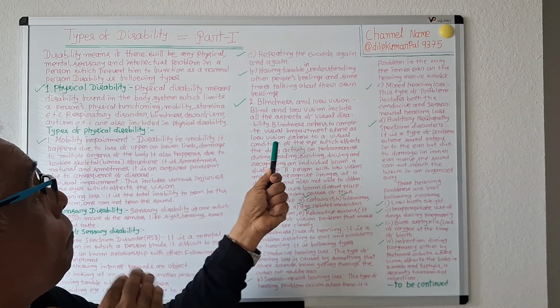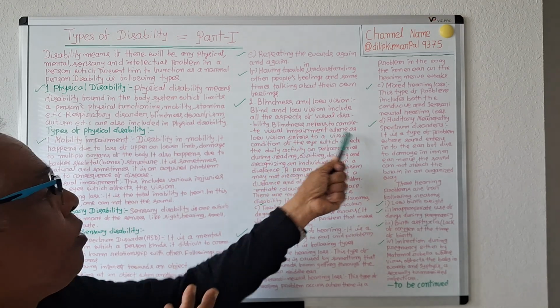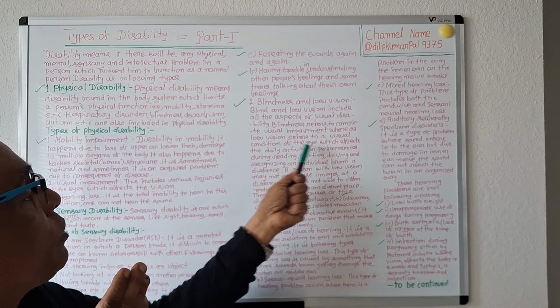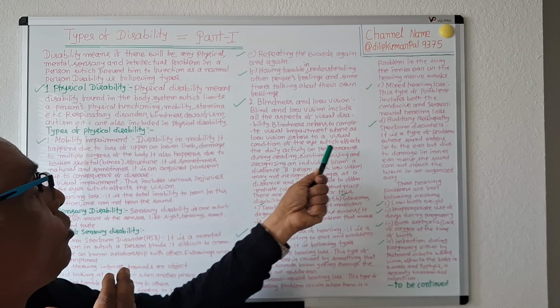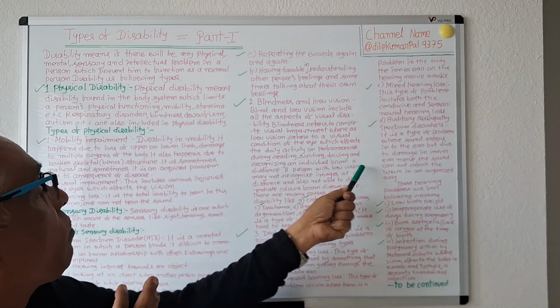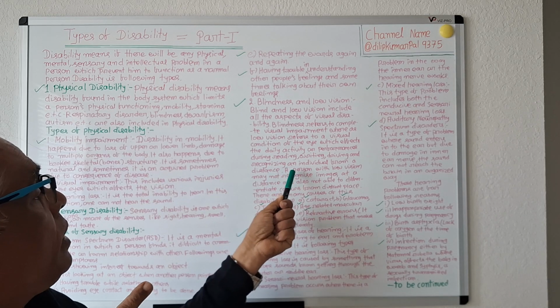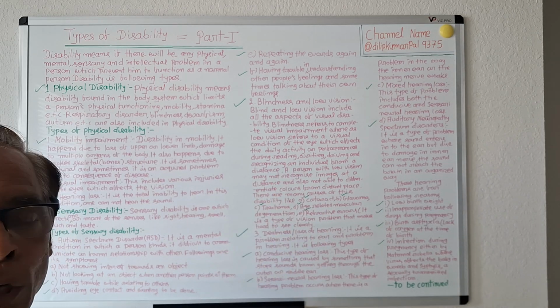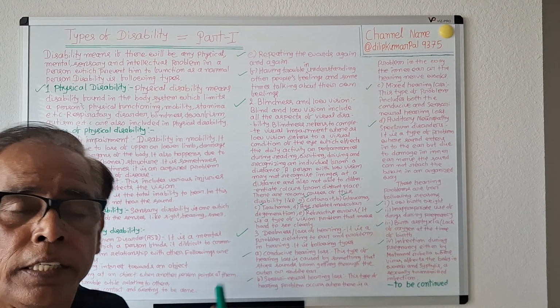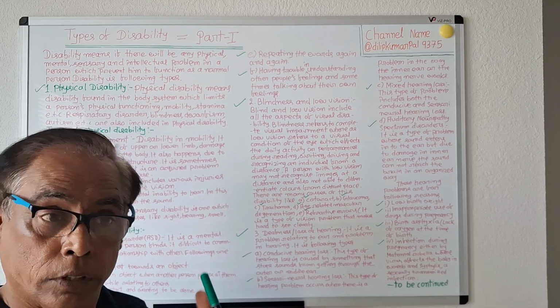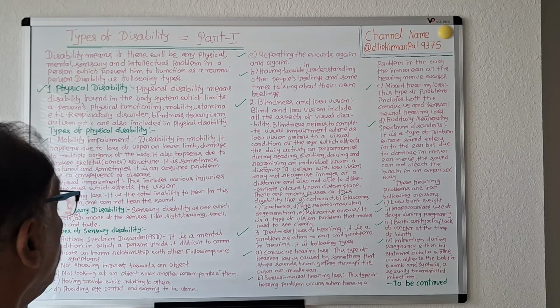Blindness refers to complete visual impairment, whereas low vision refers to a visual condition of the eye which affects daily activity or performance during reading, writing, driving, recognizing an individual from a distance.